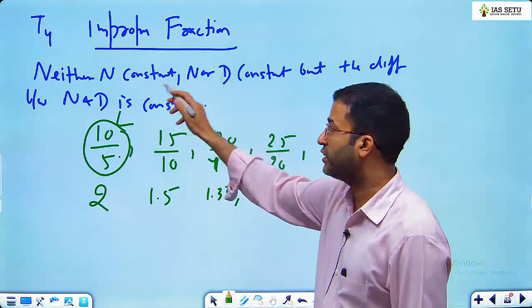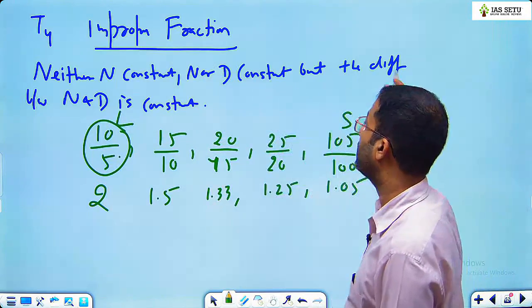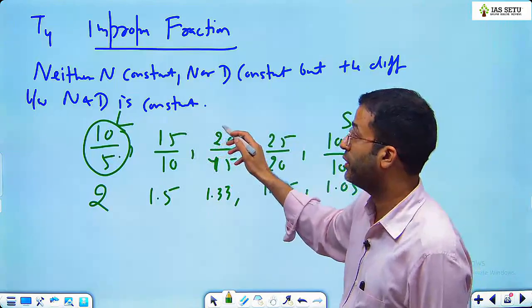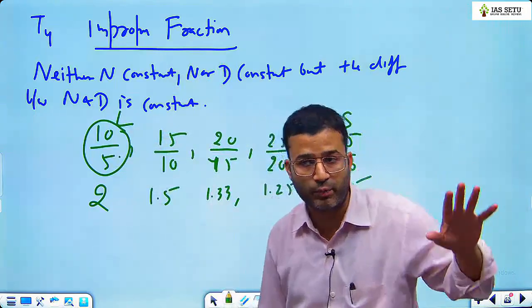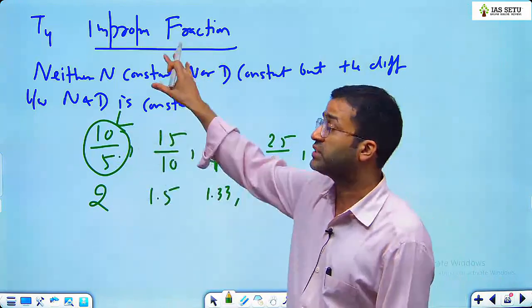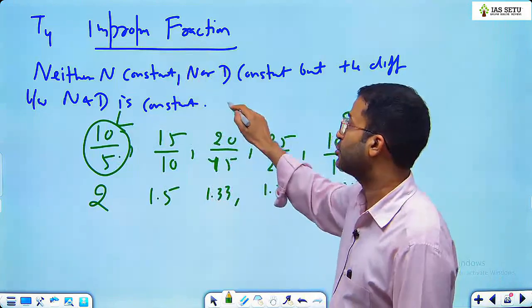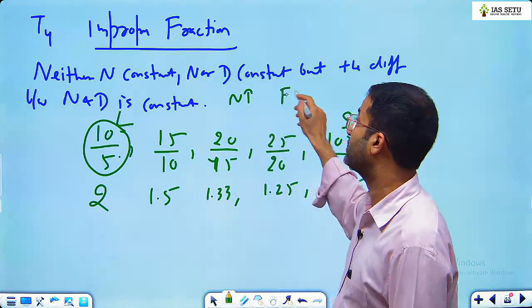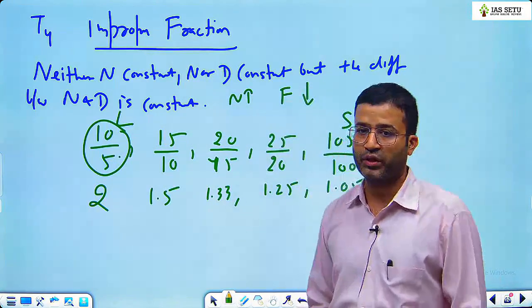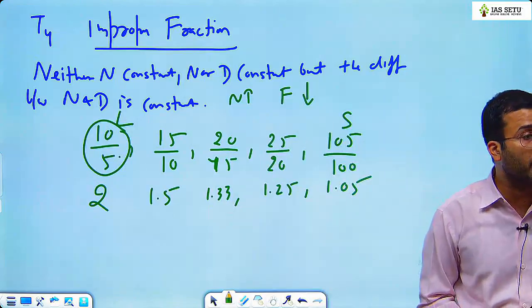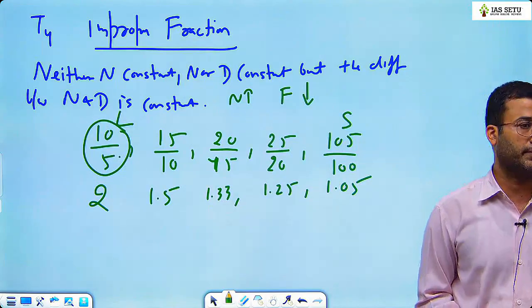If neither numerator nor denominator is constant, but the difference between numerator and denominator is constant, you have to check whether these are proper or improper. If these are improper fractions, as numerator and denominator increase, fraction value decreases. The bigger the numerator and denominator, the smaller the value.